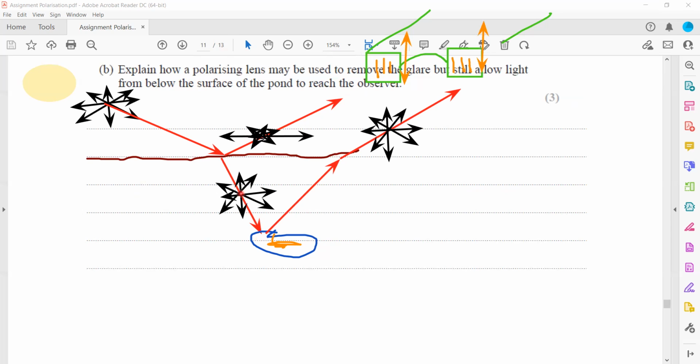But light from below the surface is almost unpolarized, and this light is able to pass through, or one component of the light is passed through. The rest are blocked. Only some of the light from below the surface is blocked or absorbed, and the remaining, which is parallel to the plane, will pass through. So we are able to see the objects which are underwater. So this you have to write in your own words.